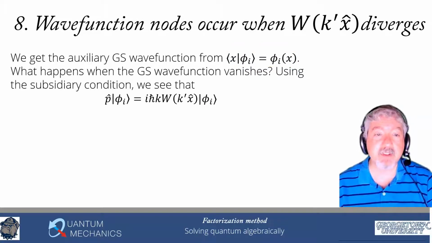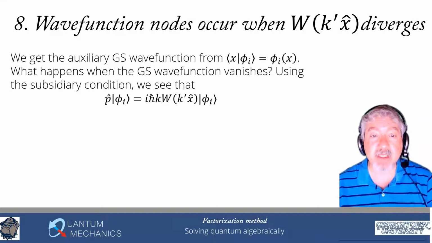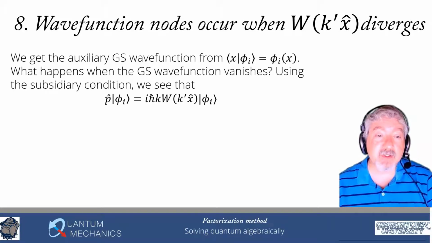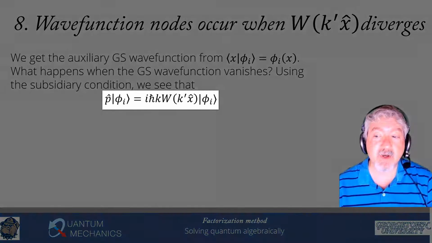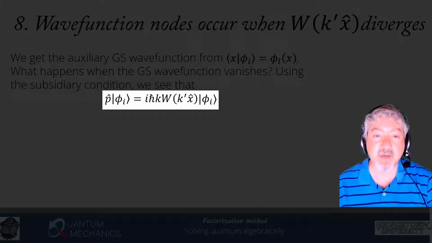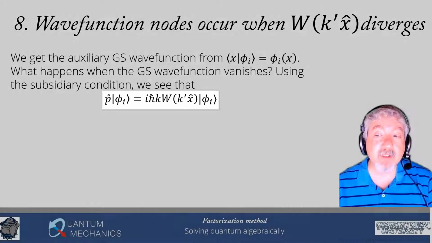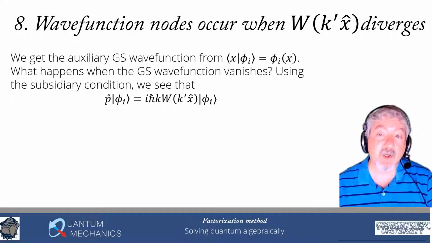Well, we're going to use the subsidiary condition, which is A operator acting on phi I equals 0. Remember, the A operator is P minus i h bar k W. So I can rearrange the subsidiary condition to be P acting on phi I is equal to i h bar k W of k prime x hat acting on phi I. Now let me multiply both sides with the ket x.